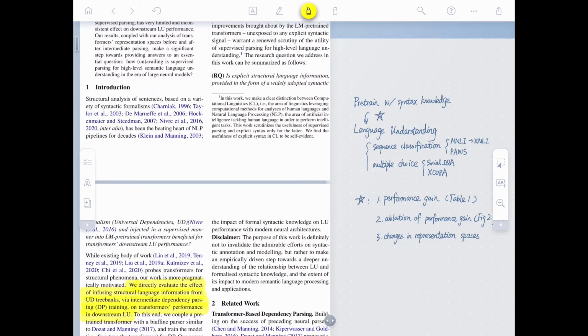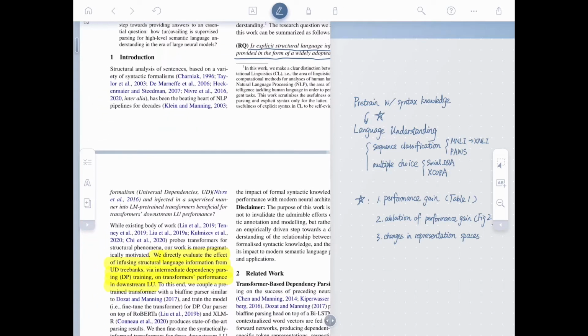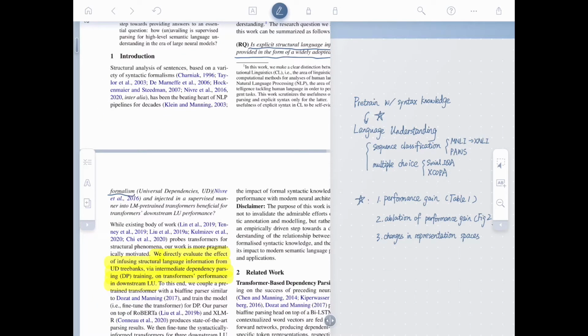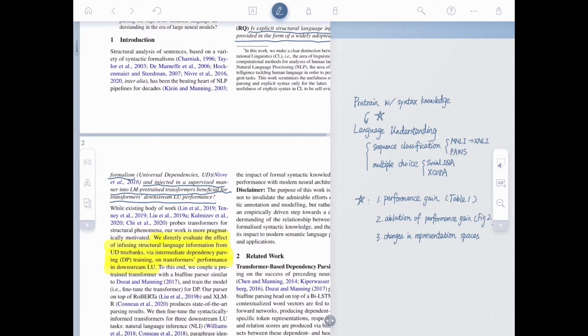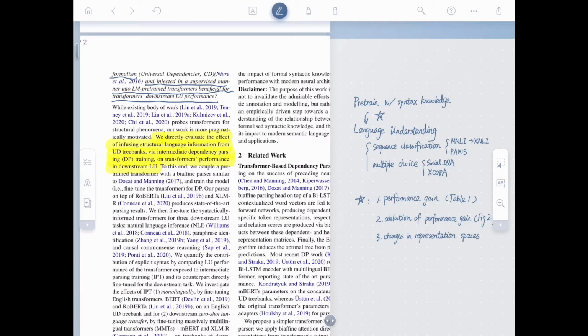The overall question is: is explicit structural language information, provided in the form of a widely adopted syntactic formalism, UD, and injected in a supervised manner into LM pre-trained transformers, beneficial for transformers' downstream language understanding performance? To directly evaluate the effect of infusing structural knowledge via intermediate dependency parsing training on transformers' performance in downstream language understanding.